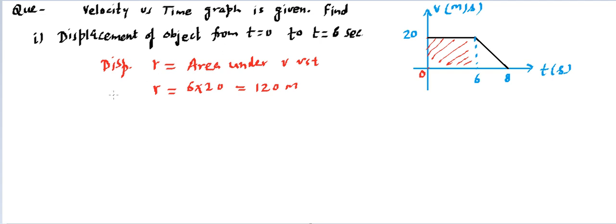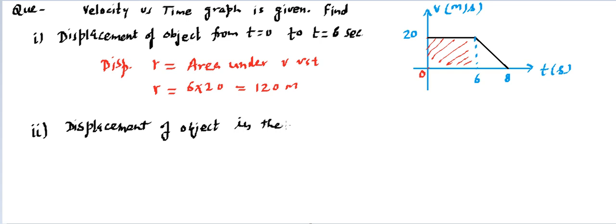Now the second part I'm leaving for you to do and give the answer in the comment section, and it says find the displacement of the object in the entire motion shown in the figure.